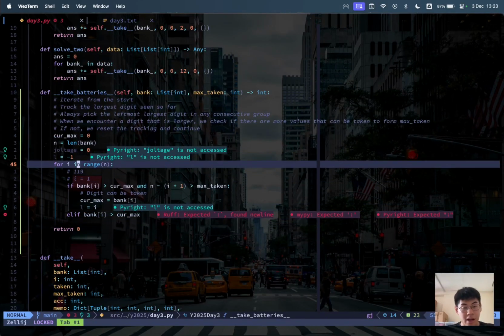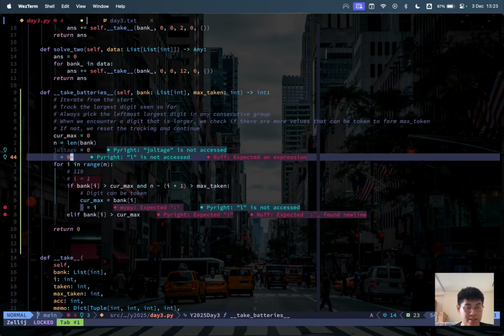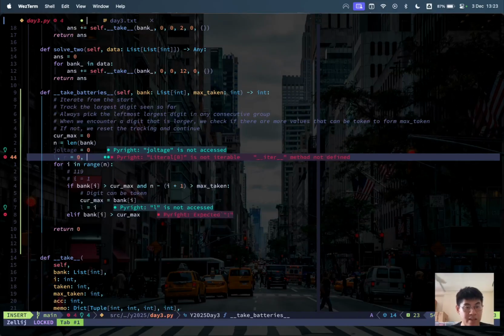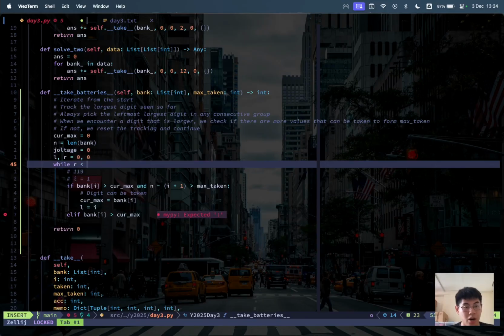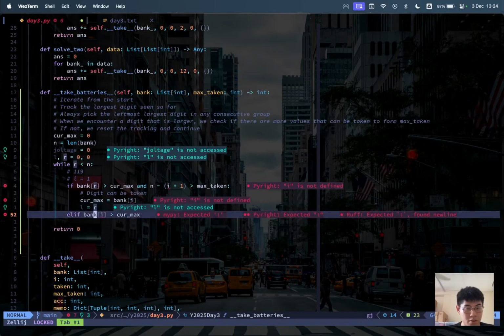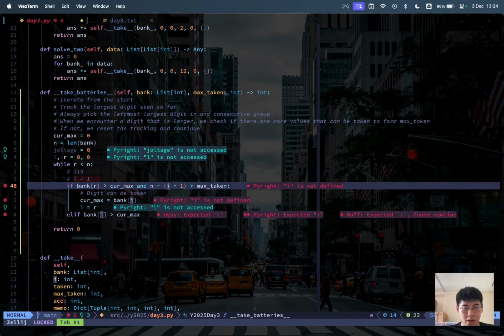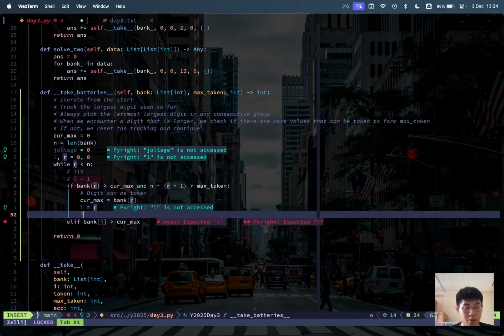And then that's when we trigger starting to pick the next digit. So we have to go back to the 1 again, which is the position we did not pick. So I guess this is more of a loop actually. We can say L equals 0, but we also have the right, R, which also happens to be 0. And instead of I, we say while R is less than n. The left becomes this right position.